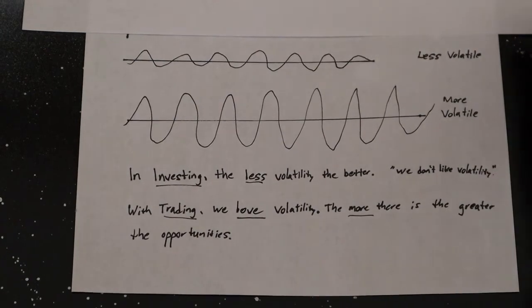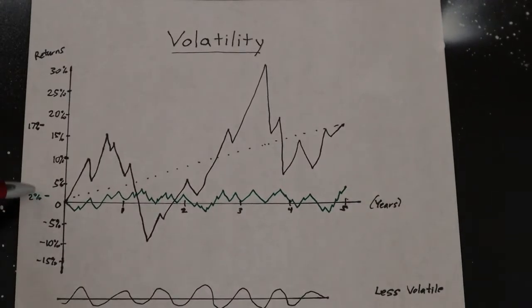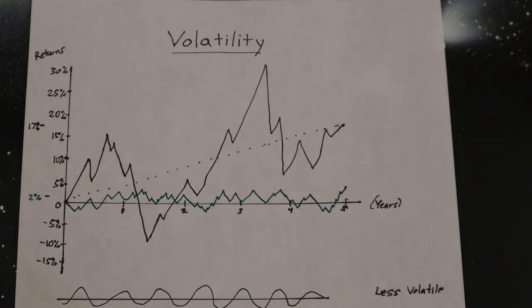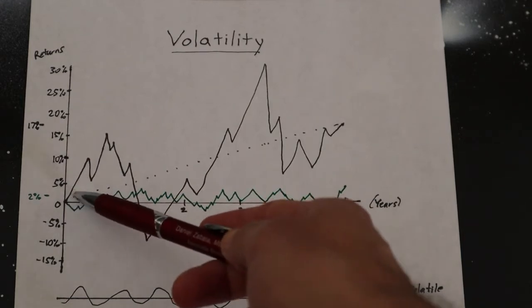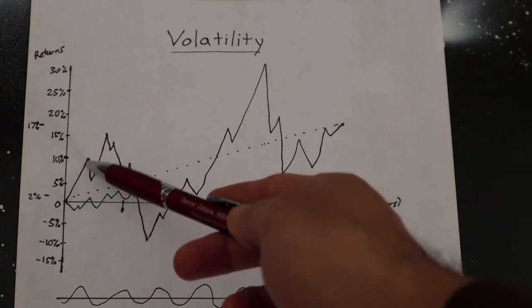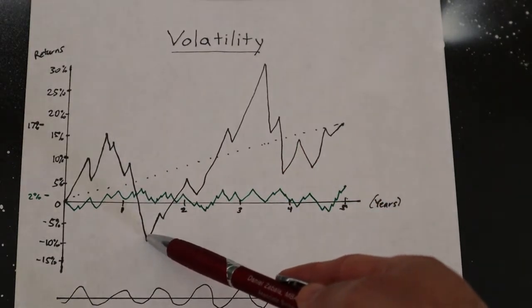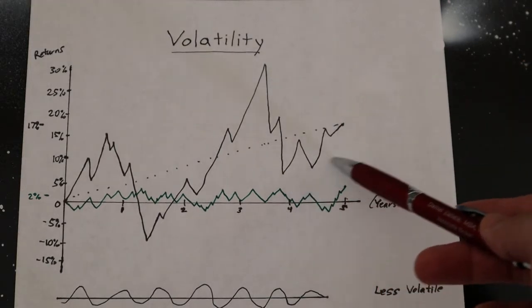Okay, so to illustrate it on a graph, on this left axis we have percentages. These are rates of return, positive and negative, and this is a 5-year period. On the black line we have a much more volatile stock. It's going to go up and down and up and down, and might have negative returns at some points, and then have a huge spike up and down.